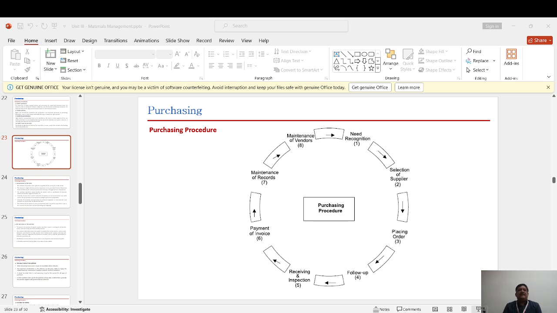Then the next part is development of an approved list of suppliers. The survey stage highlights the existing sources of the supplier. The business inquiry is made with the appropriate suppliers, and it is known as the inquiry stage.